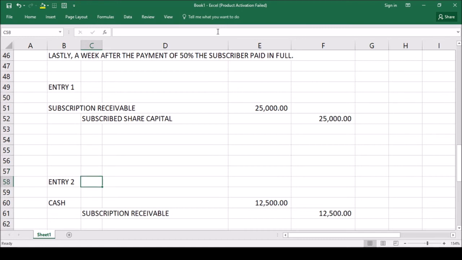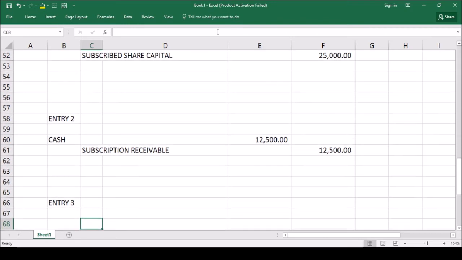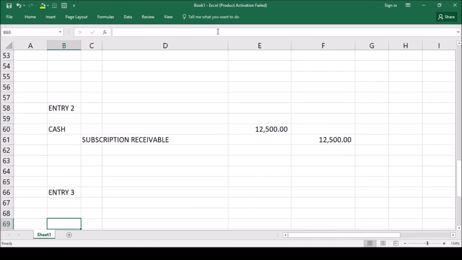Okay? So, lastly, a week after the payment of 50%, the subscriber paid in full. So, upon full payment, that's when we record the issuance of the share capital. So, what is our entry there? First, let's look at how much the balance of the subscriber is. Okay, take note that 25,000 was subscribed, then 50% of which was paid after 1 week of the subscription, and later on, the balance was paid. So, the balance is just 50%.